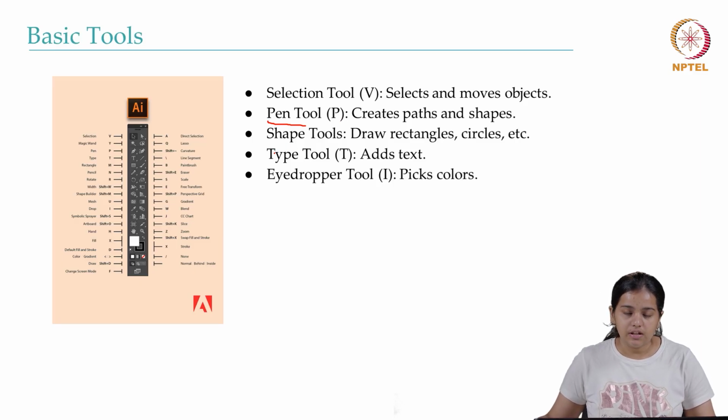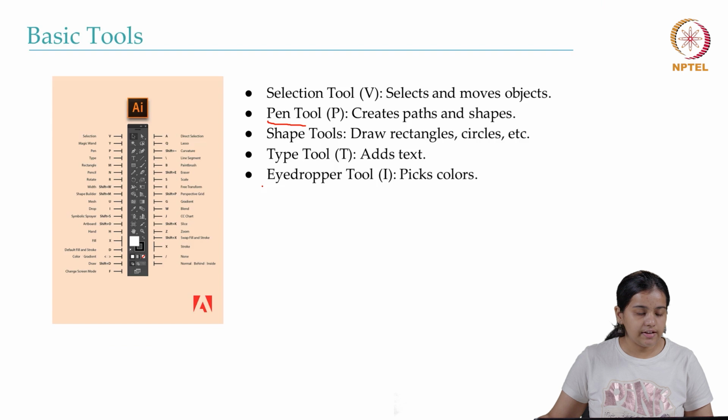And the type tool is to insert text in your design. With the eyedropper, you can pick a color from the document itself and apply it to the element. We can use shortcuts for different tools like V for selection, P for pen, T for type.